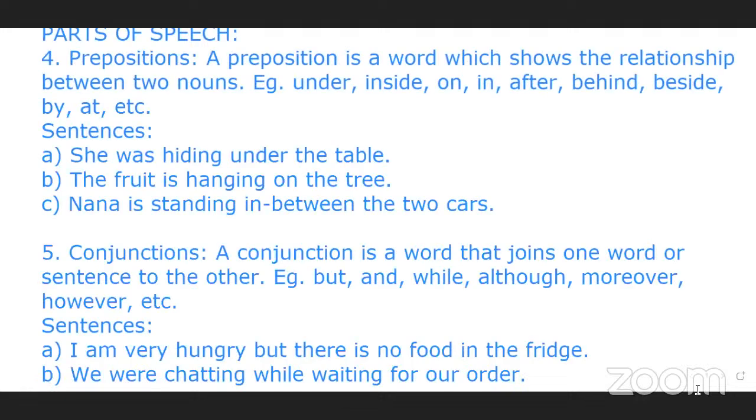The last time, did we mention adjectives briefly? No, we did not do it. Okay, but you have an idea, right? Yeah, a little bit. So let's see, what do you understand by an adjective?